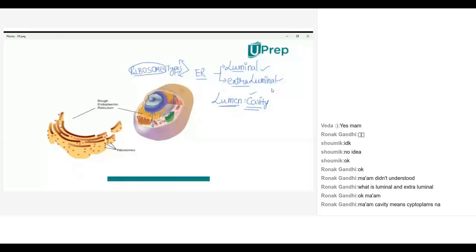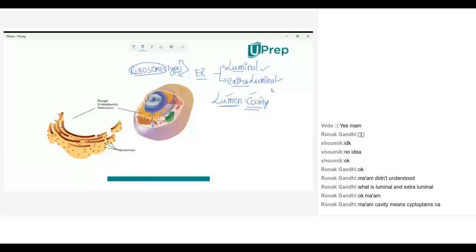No, Ronak, cavity is nothing but the place inside the cell, not cytoplasm. Cavity is gaps. On all dental hospital boards, you will observe luminal cavities will be removed and restored, something like that. Didn't you come across the gaps? Cavity is nothing but the gap. Lumen is nothing but a gap. And in the whole cell gap, what will you have? You will have cytoplasm, isn't it?